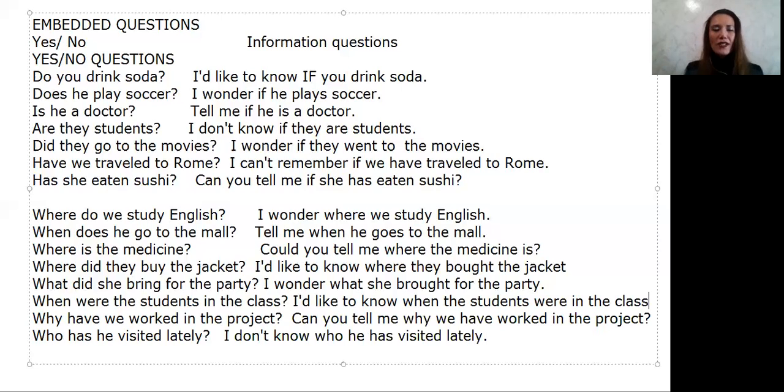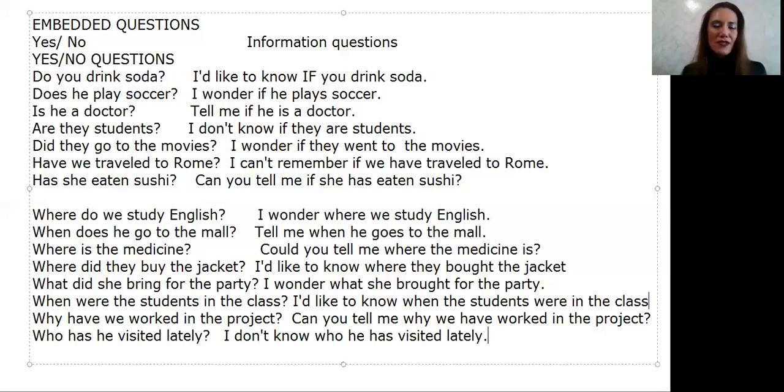Okay, so as you see, these embedded questions are not so complicated when you see them in sentences like this or in writing. Sometimes when you're talking about this or using them, this is when it becomes a little bit more complicated, but this is practice, practice, and practice.